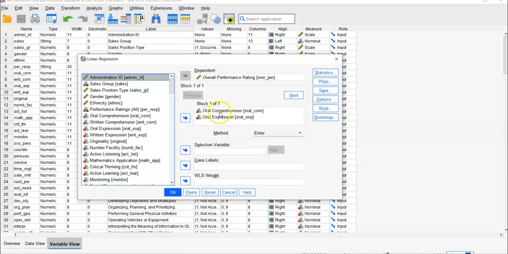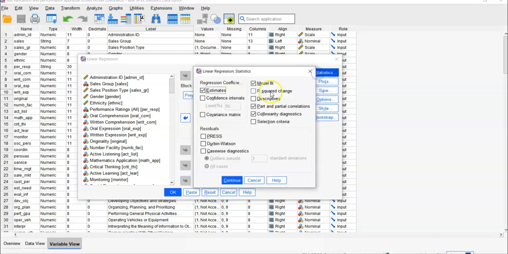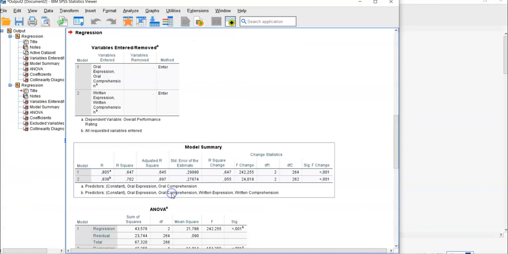You put the first block, then click Next and enter written comprehension and written expression. They will be separated and examined, and they will make two models. Now in Statistics, you can choose R squared change, which will show these differences. Continue, and OK.